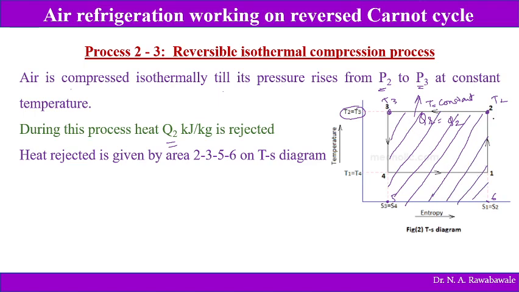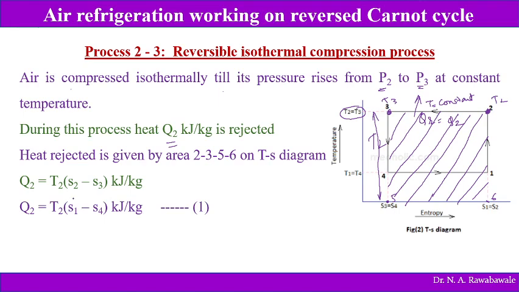Area of rectangle is height into width. So T2 is the temperature at point 2, and T2 is equal to T3. So this distance we can call as T2, and S2 minus S3. So entropy at point 2 minus entropy at point 3 is nothing but this distance. So this gives us heat rejected.